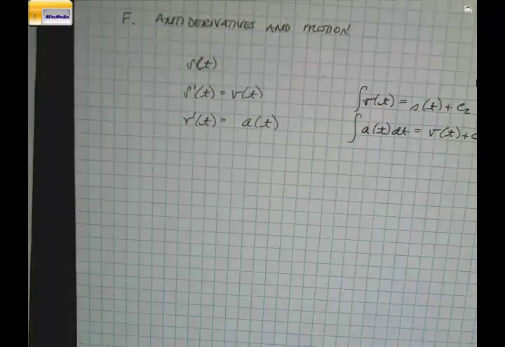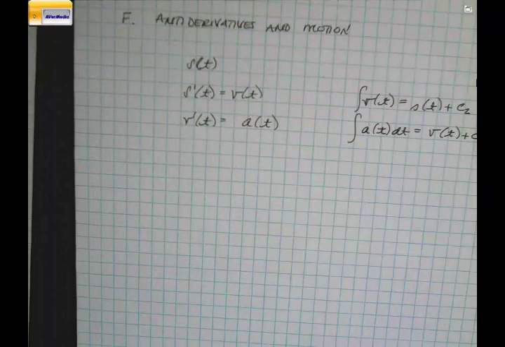You take the derivative of acceleration, you're going to get velocity. You integrate acceleration, you get velocity. You integrate velocity, you get your original function. Just reverse it.